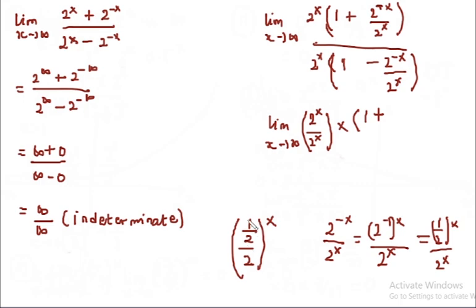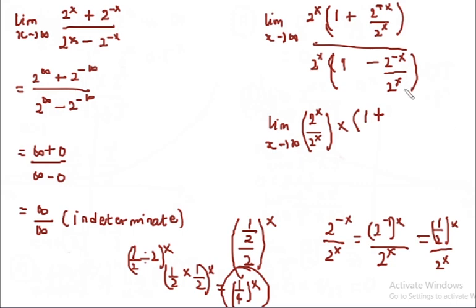Now remember, 1 over 2 is being divided by 2. So this is 1 over 2 divided by 2 to the power of x. If you simplify this, it becomes 1 over 2 times 1 over 2 to the power of x. So this is equal to 1 over 4 to the power of x, right? So this is what you're going to plug back in here.